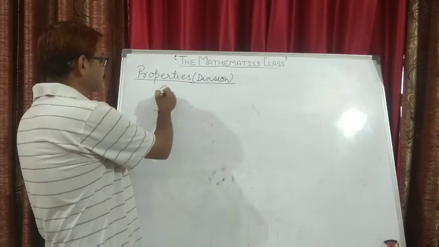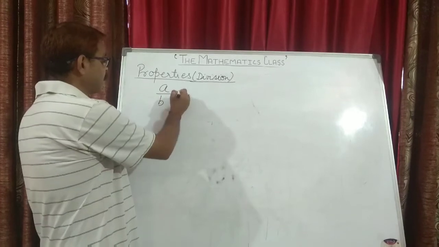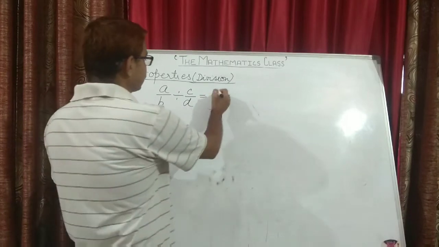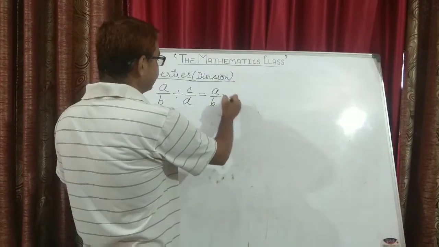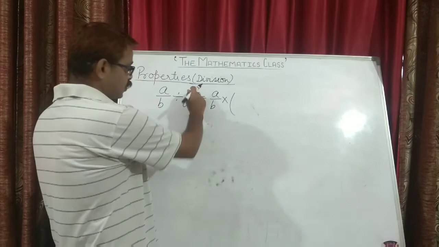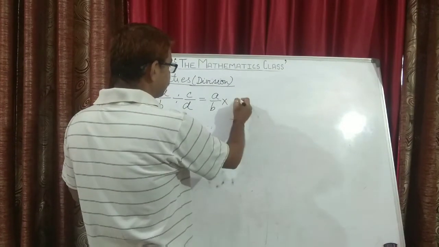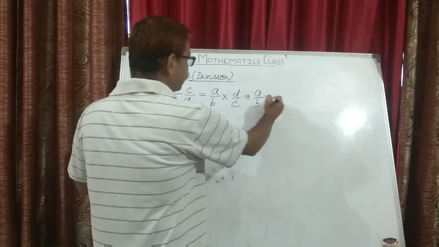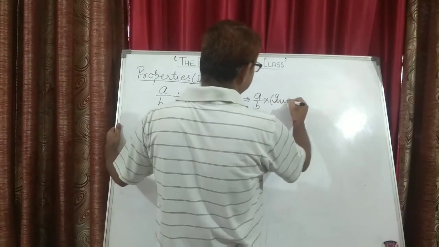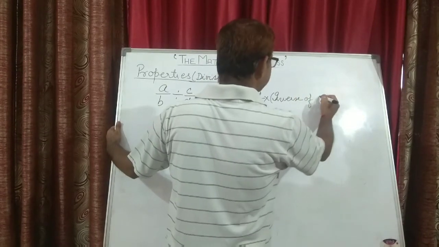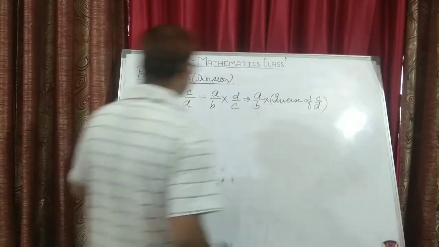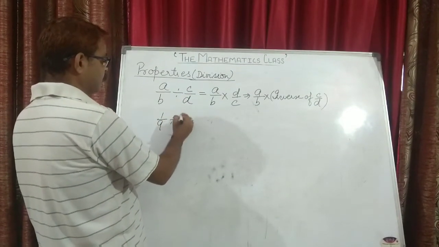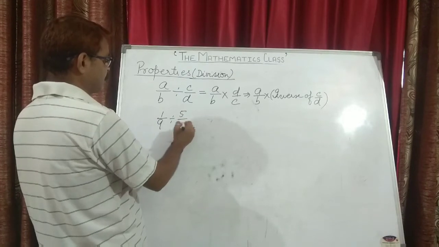Let's say that there are two rational numbers, A upon B divided by C upon D. So it can be written as A upon B into the inverse of C upon D, which we generally write as D upon C. Suppose you say 1 upon 9 divided by 5 upon 9.